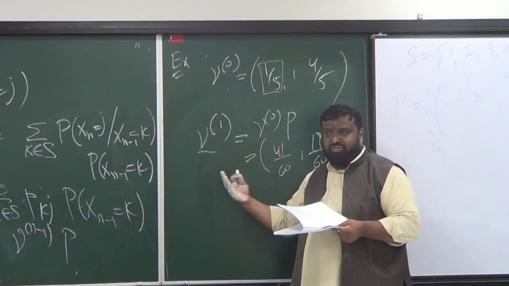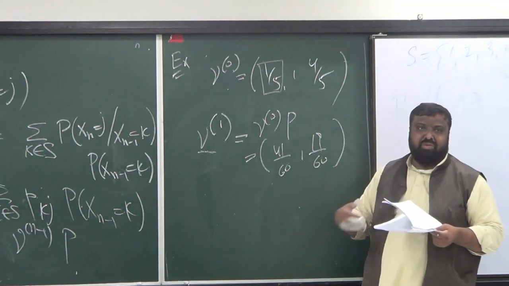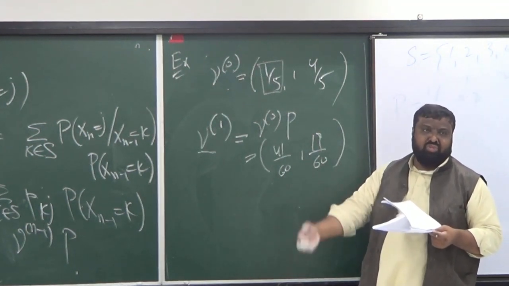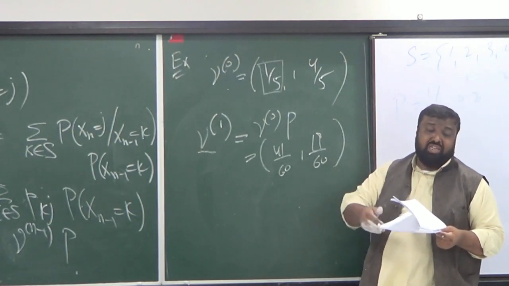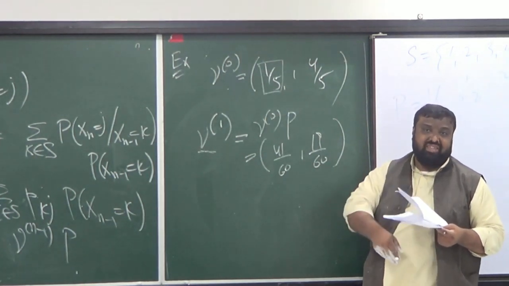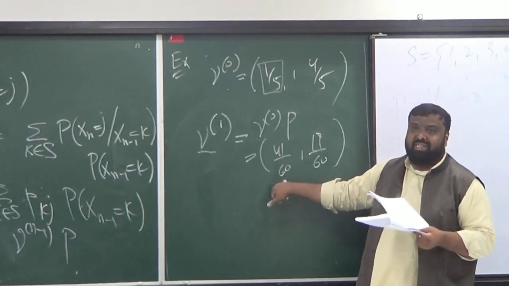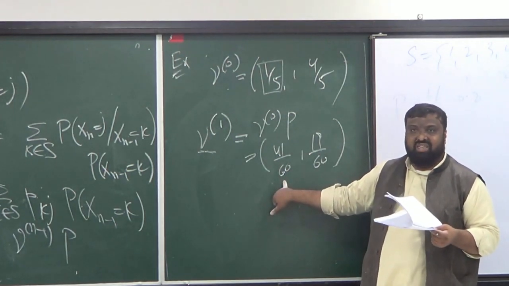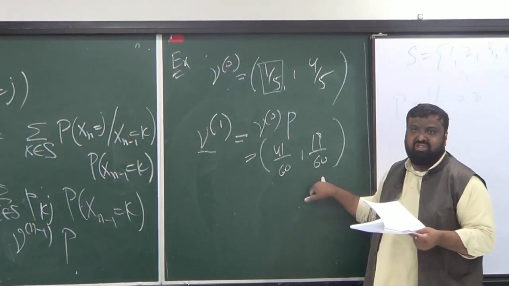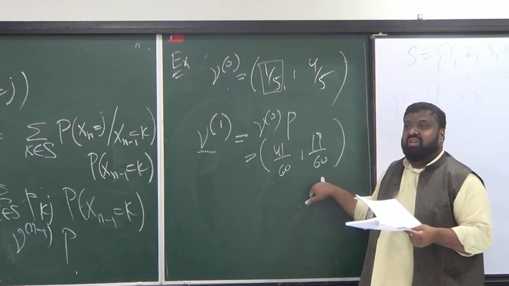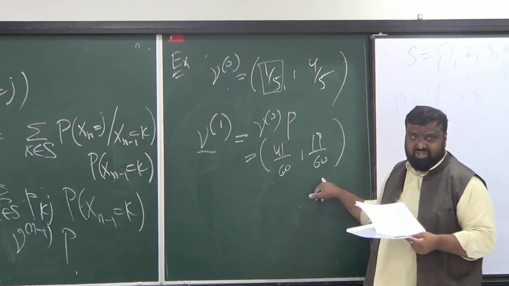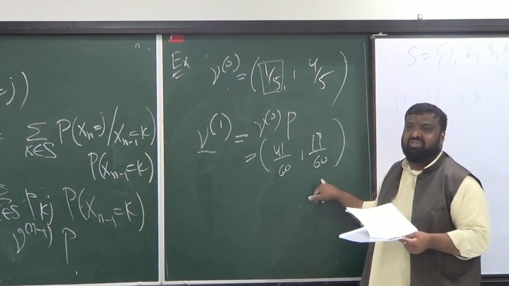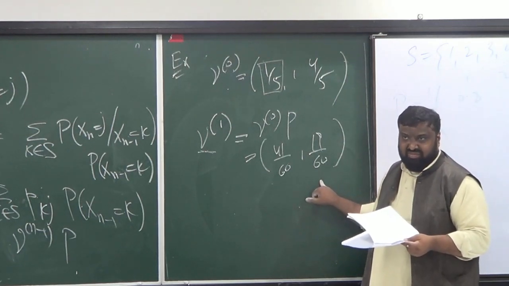What would be the interpretation of mu1? It's the probability that tomorrow the weather is either going to be wet or dry. This is the probability that it could be wet, and this is the probability that it will be dry, provided that your transition matrix is true.